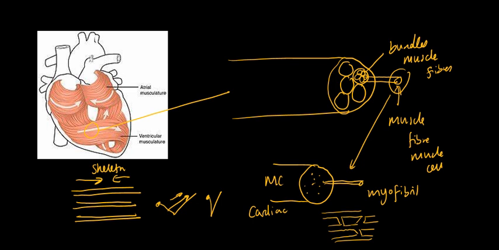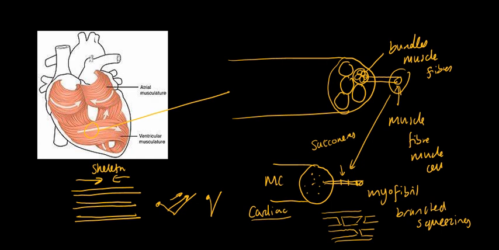So my myofibril in cardiac muscle is branched, and that has importance because it's going to create a squeezing action over simply a shortening. My myofibril itself is broken into these individual contractile units, which are called sarcomeres.